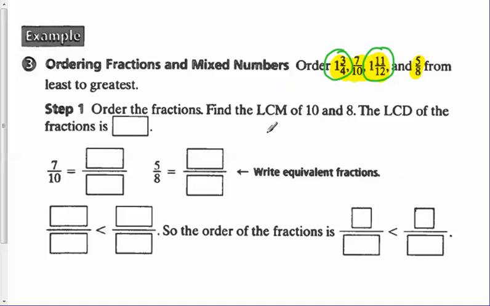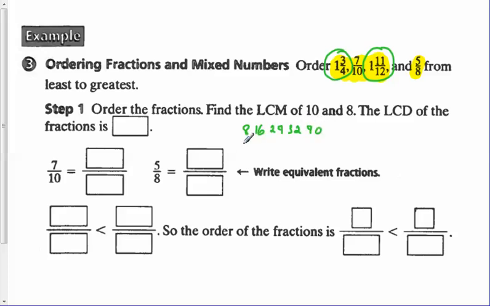So looking at 7/10 and 5/8, 10 and 8 being our denominators, we need to find a least common denominator between those two, and that's going to be 40, because remember 8 times 1 is 8, 8 times 2 is 16, 8 times 3 is 24, 8 times 4 is 32, 8 times 5 is 40.